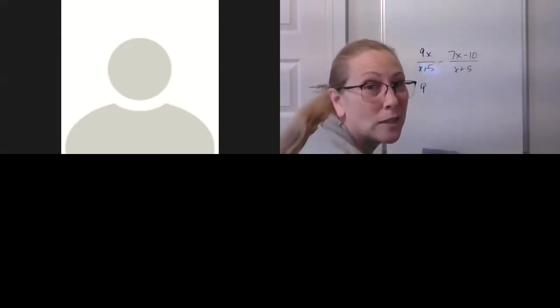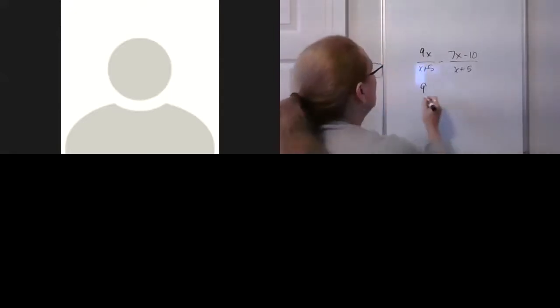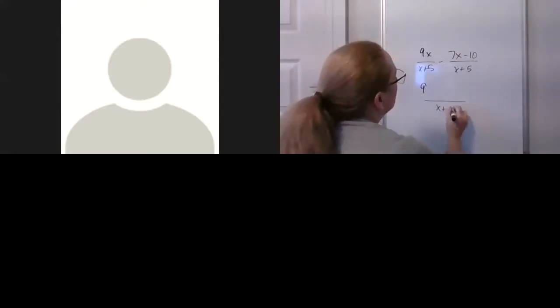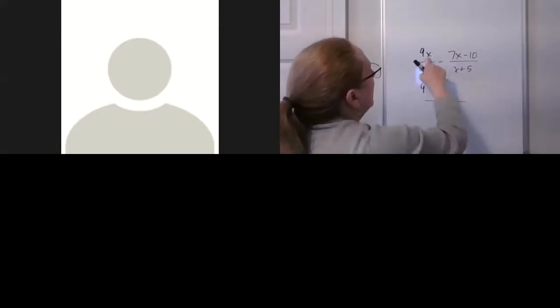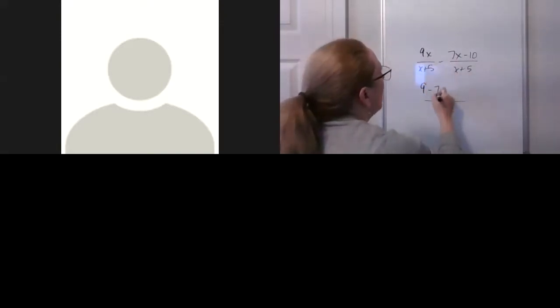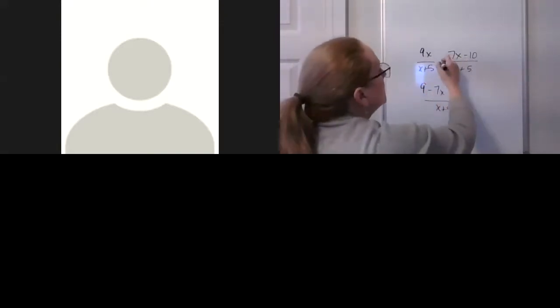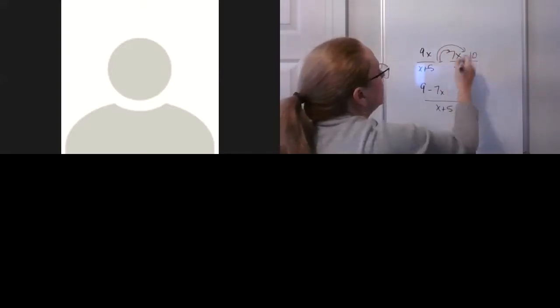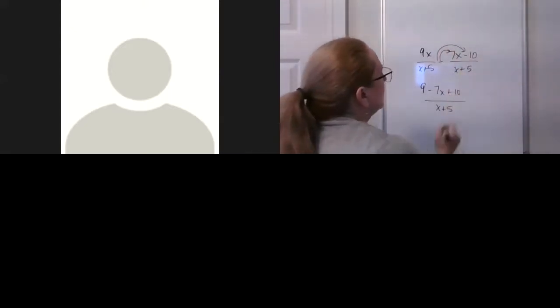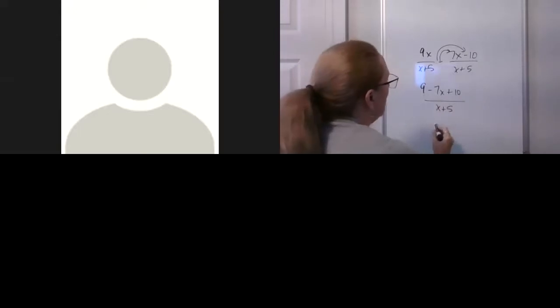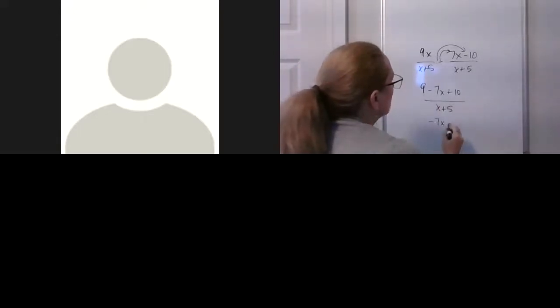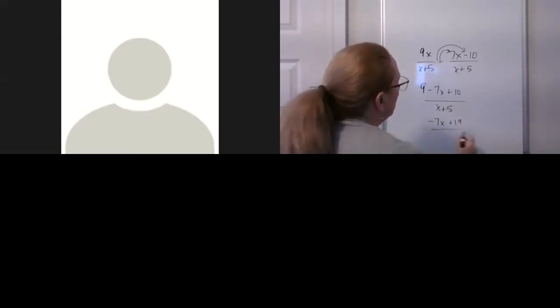We don't need a least common denominator because we have a common denominator of x plus 5. So now 9x minus 7x plus, because we're distributing both, plus 10. So 9 plus 10, we end up with a negative 7x plus 19 over x plus 5.